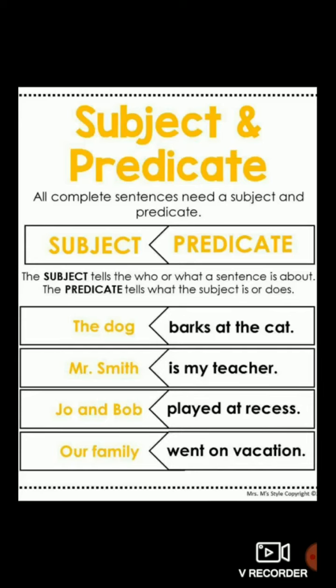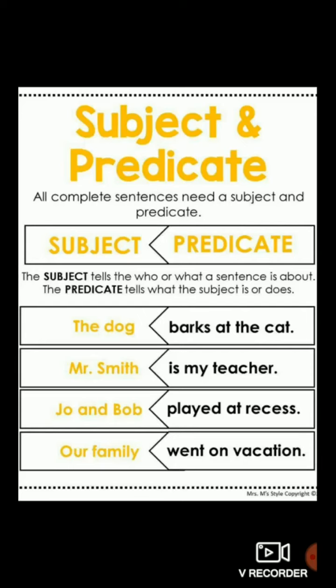Joe and Bob played at recess. Joe and Bob are nouns, naming words, so this is the naming part. Whereas played at recess has the action verb. What is the action verb? Played. So that is the predicate. If you frame the question on the predicate, who played at recess? Joe and Bob. You will get the subject as an answer. Clear? Now next, our family went on vacation.